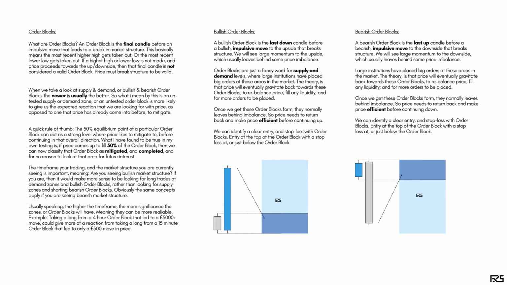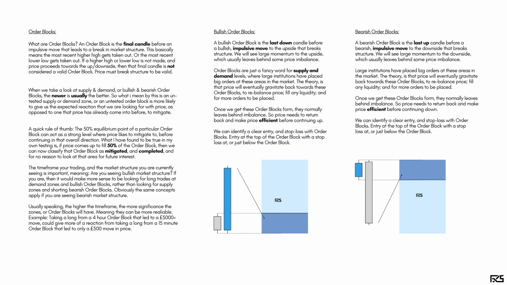So again, bullish market structure, so if we're putting in higher highs and higher lows, then it would make more sense for us to be looking for long trades at demand zones or bullish order blocks, rather than trying to short at supply zones. And then the same concepts flipped in reverse. If we're seeing bearish market structure, it would make more sense to be looking for supply zones and bearish order blocks, as opposed to demand zones and bullish order blocks.